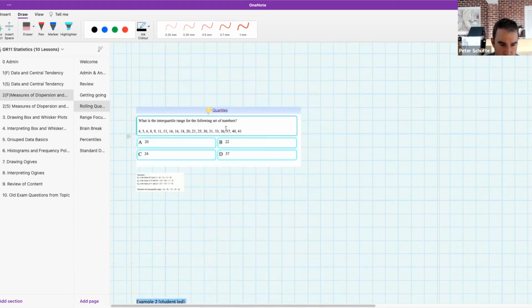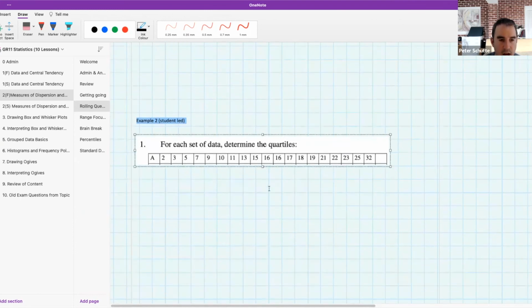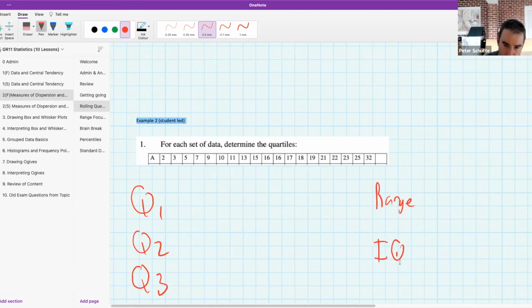So let's go on to this one. I want you to find me Q1, Q2, and Q3, and also the range and interquartile range for this data set. I will help you count to start with and get what n is.